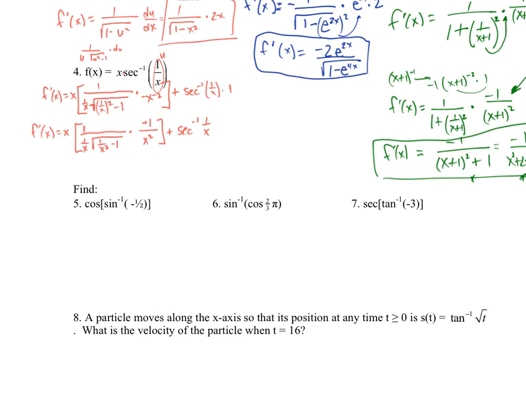All right, at this point, I can find a common denominator for this right in here. So right in here is what I'm going to try to focus on, find a common denominator. That's going to be x squared. So let's rewrite that. This will be f prime of x equals x times, this is 1 over x root, and this will be 1 minus x squared over x squared times negative 1 over x squared, plus this inverse secant of 1 over x.